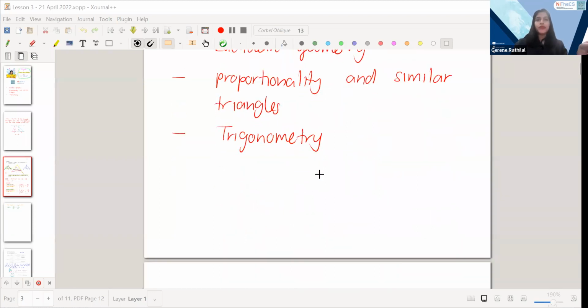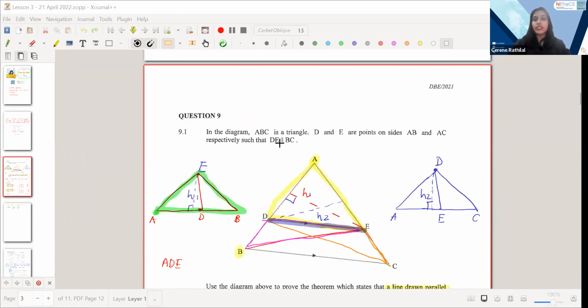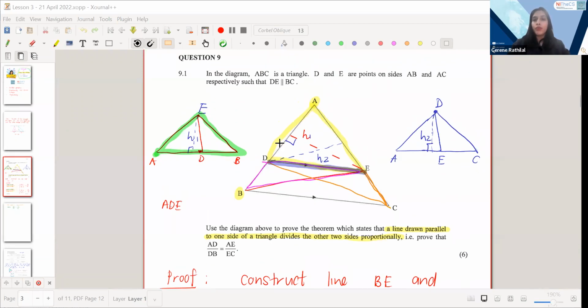As we proceed with upcoming lessons, there may be an opportunity for us to discuss trigonometry as well as analytic geometry and some of the other concepts that you will be assessed on in your final examinations for paper 2. So let's remind ourselves about what we had done. In the lesson we held in March, I went through the proof of the proportionality theorem, stated here below.